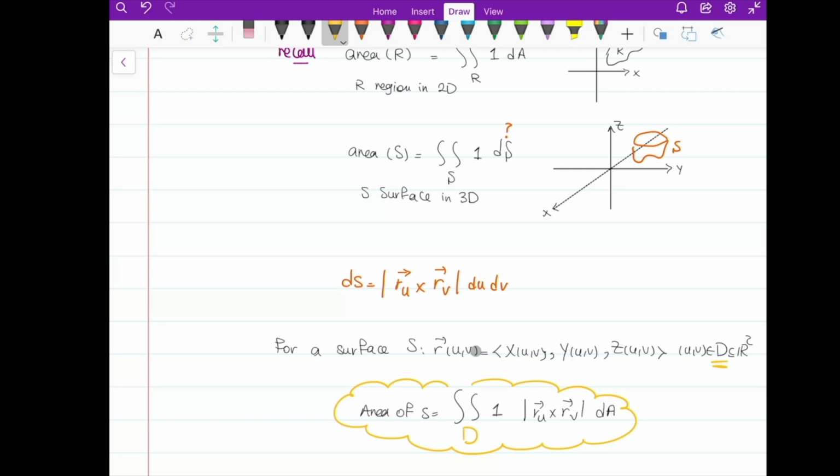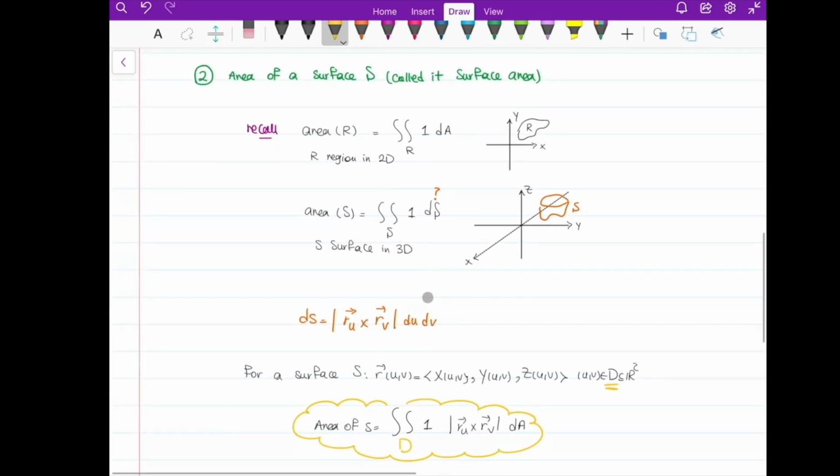Okay, so that's how we find a surface area using the parametric equation of our surface.